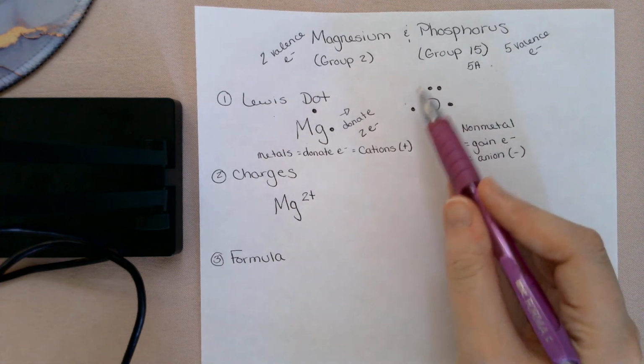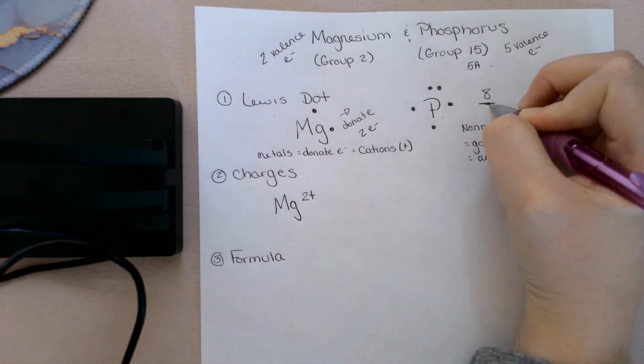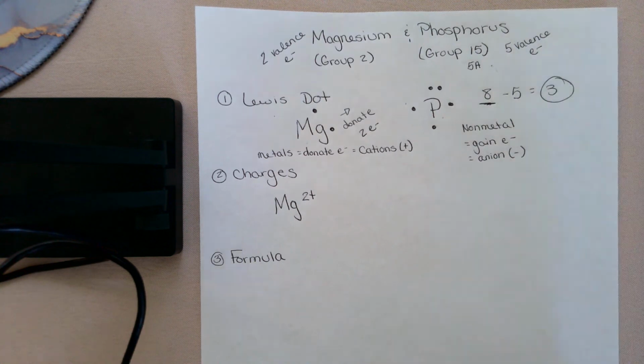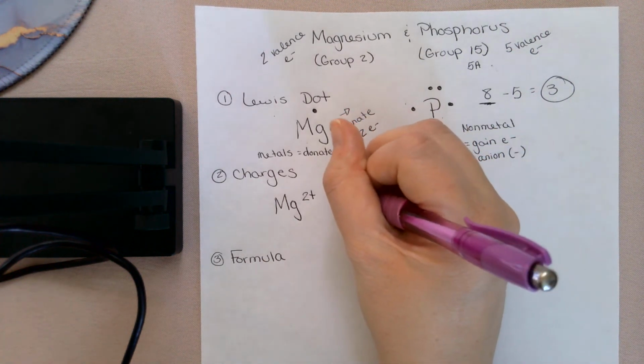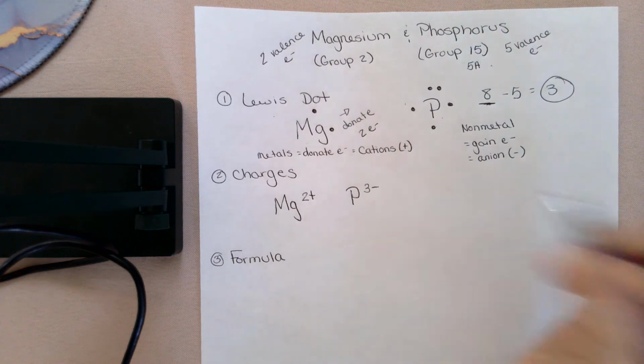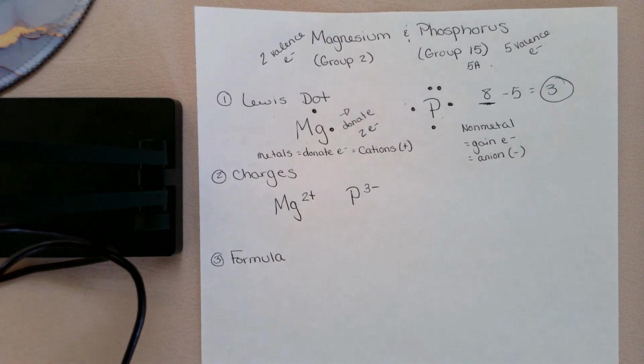So if he has 5, right, 8, which is where we want to be with the octet rule, minus 5 is equal to 3. So he's looking to gain 3 electrons, okay? So if he gains 3 electrons, he would be with a negative 3 charge, okay? So that would be his charge.